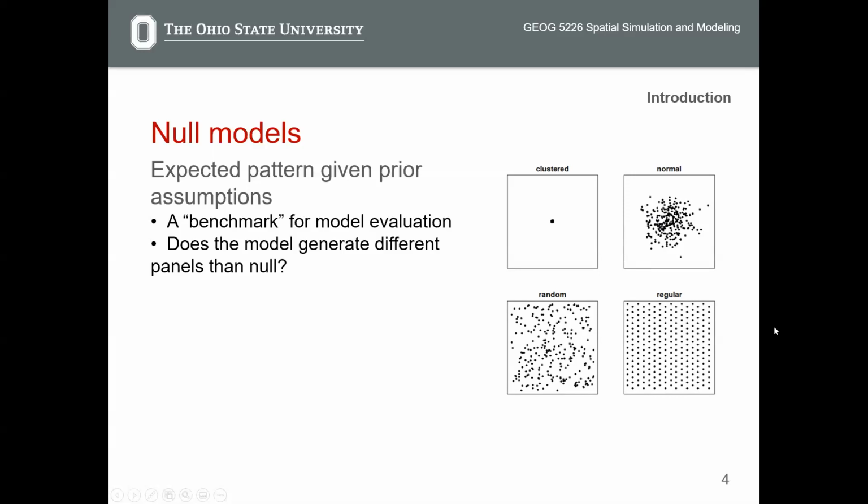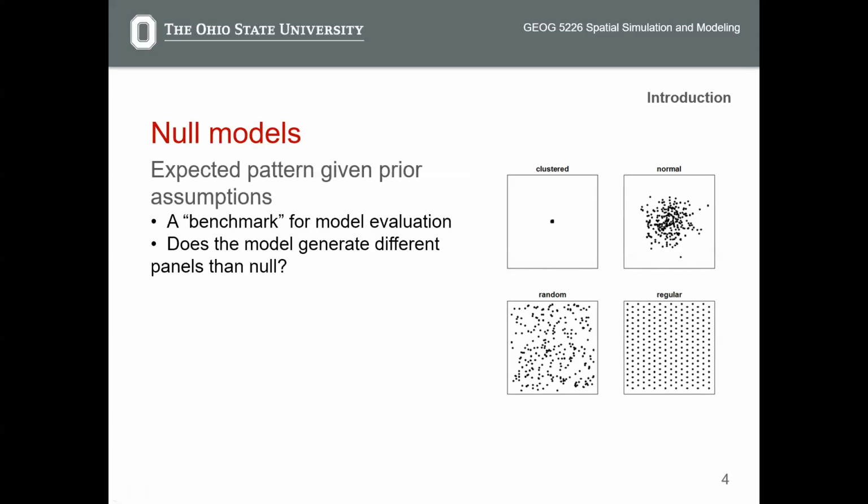It doesn't matter. Because when we are talking about simulation, we're facing the real world, we're trying to simulate real world phenomena. It's very likely that your resulting pattern does not look like any of them, but it's fine. Like I mentioned before, they are trying to create a benchmark, okay? Create 4 categories for null models, okay?